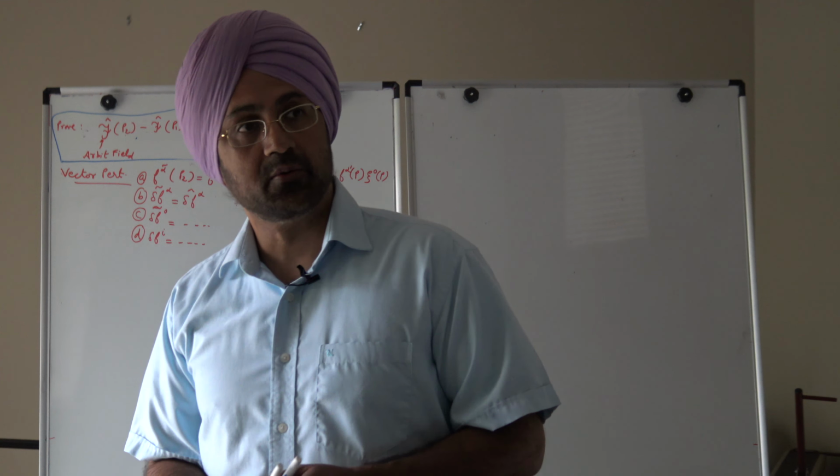What can you see from here? This is f alpha tilde at p2 and this is f alpha caret at p2. So I can write f alpha tilde at p2 is equal to, now instead of f alpha caret at p2, I am going to replace the value from this expression to this expression. And why am I going to do that?